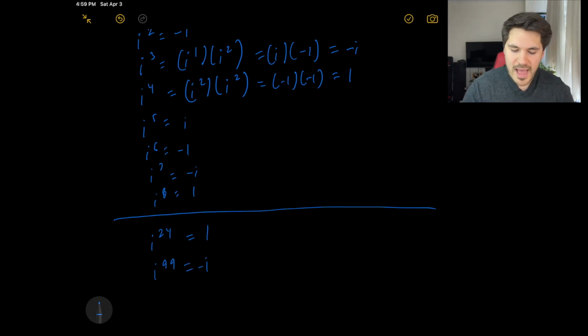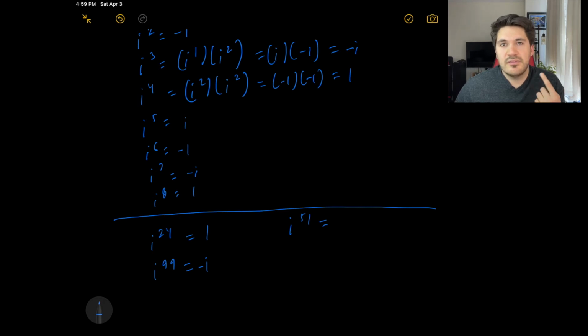What if we have i to the 51st power? So the closest multiple of 4 that I'm thinking of is i to the 48th. So that's going to be 1, right? That means i to the 49th is i, i to the 50th is going to be negative 1, so i to the 51st is going to be negative i.